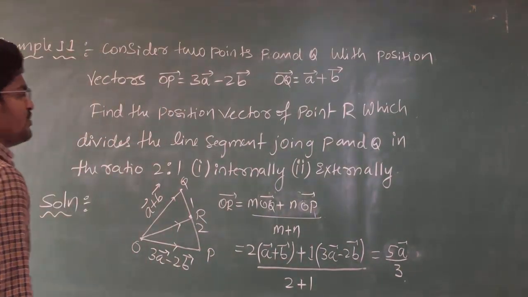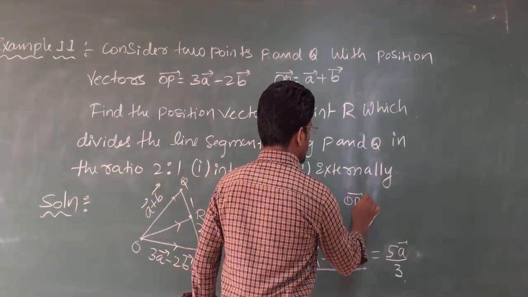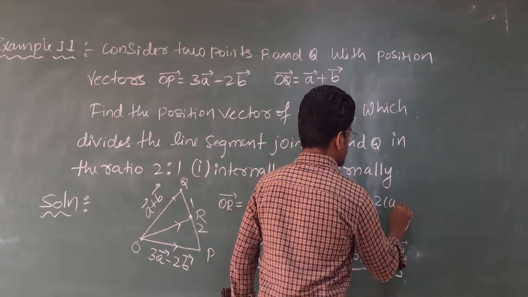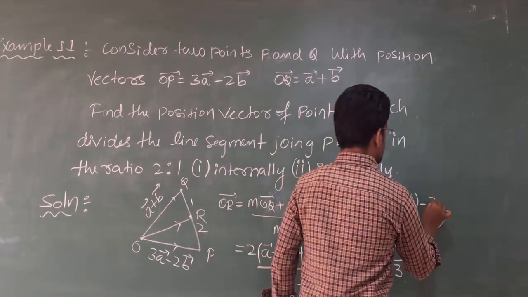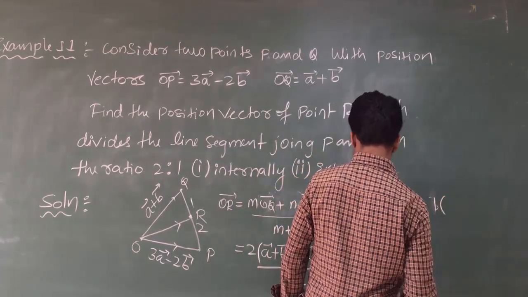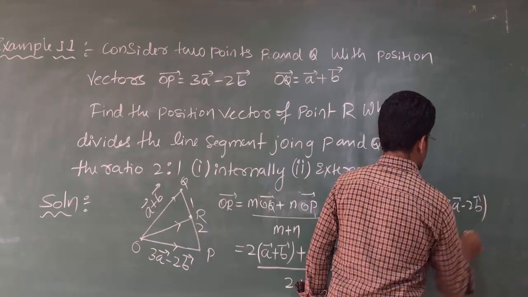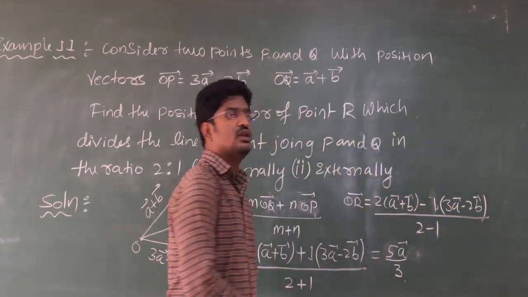So externally, the formula will be vector OR equal to 2 times vector A plus vector B minus 1 times 3 times vector A minus 2 times vector B divided by 2 minus 1. Clear?